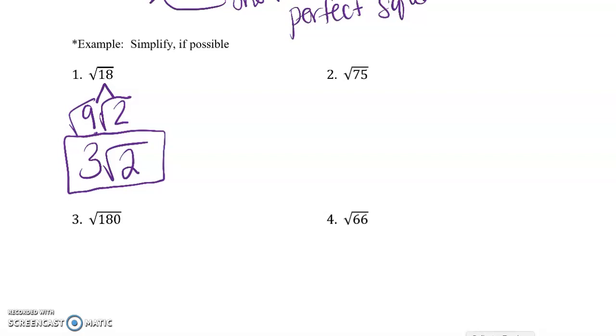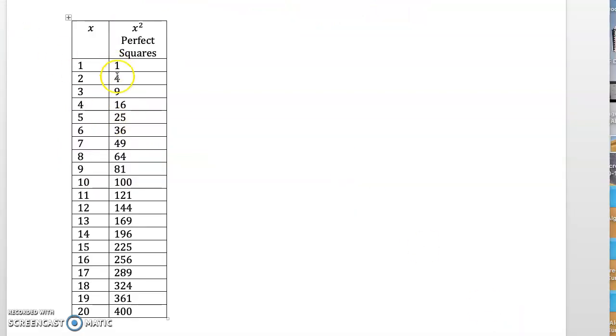So number 2 is the square root of 75. So again, you need to look at this list and find what number on the right-hand side goes into 75. Goes into means divide it. If you're not sure, start taking 75 divided by 4, divided by 9, and so on and so forth. You need to just keep dividing until you find a number on this right-hand side that goes into it.